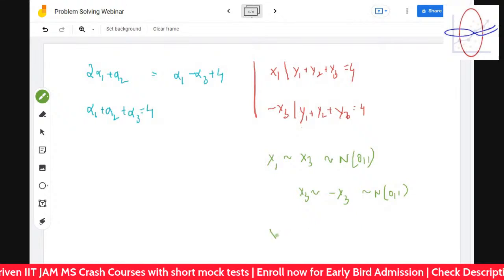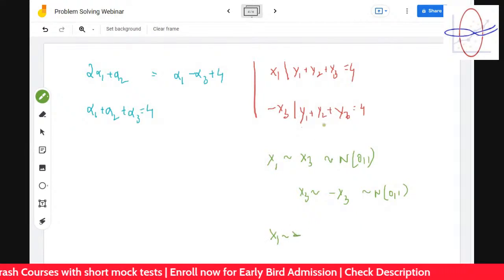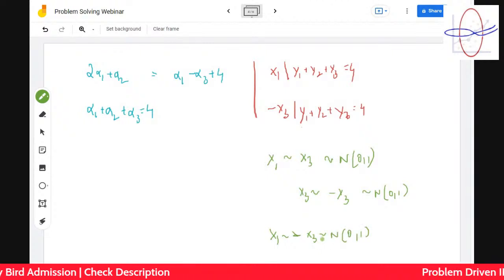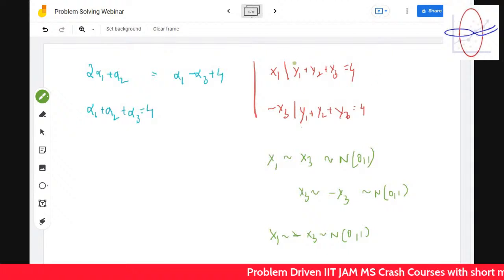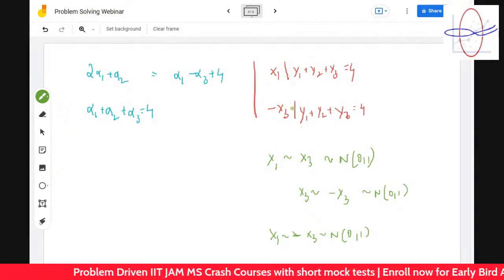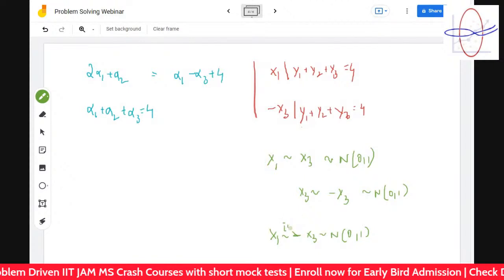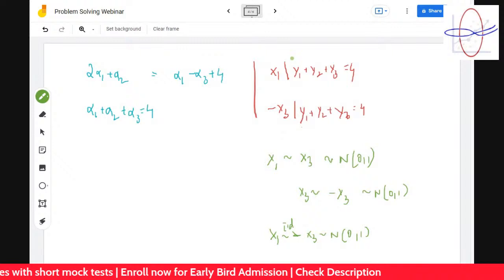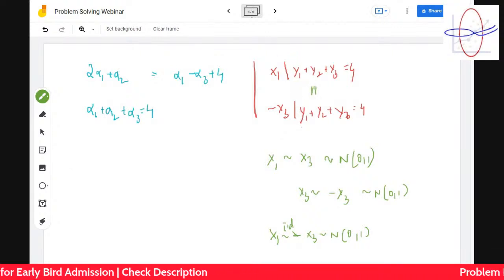So both minus x3 and x1 are standard normal random variables, and they are similarly distributed. So conditioning on the same space, and given that x1 and x3 are independent, and IID in fact, these two are similarly distributed. Can you understand this?